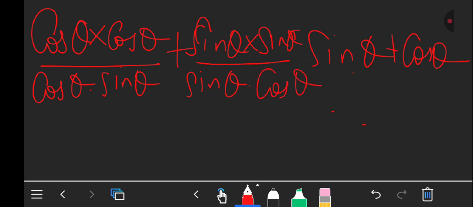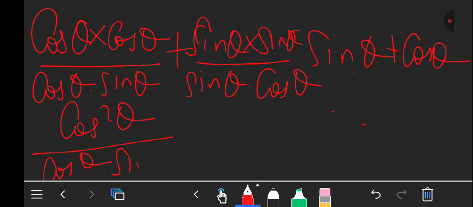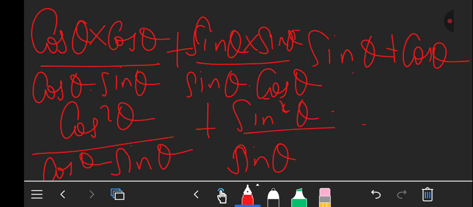So cos squared theta over cos theta minus sine theta, then plus sine squared theta over sine theta minus cos theta.